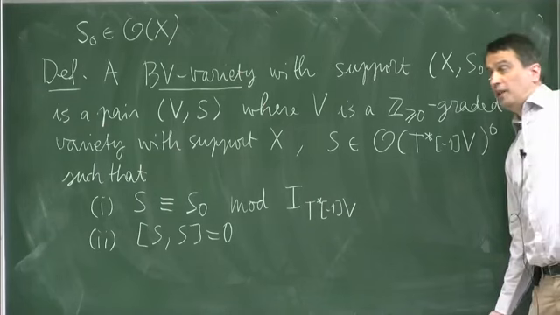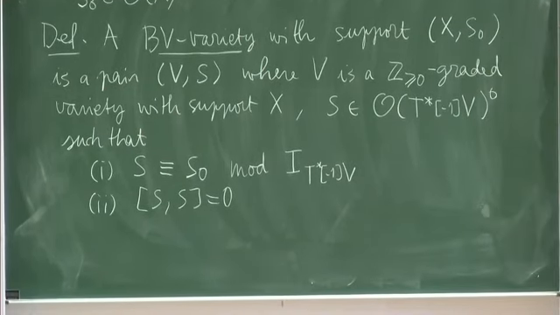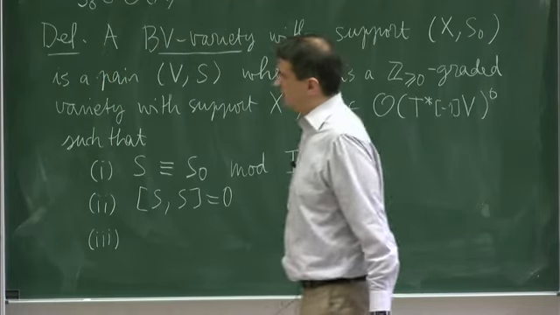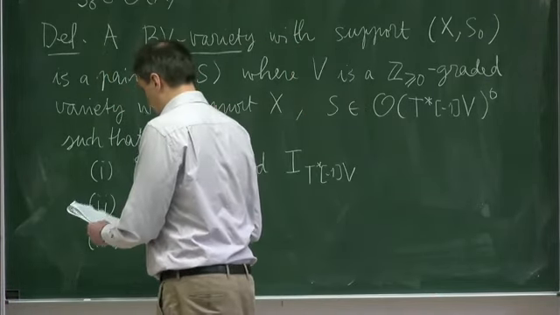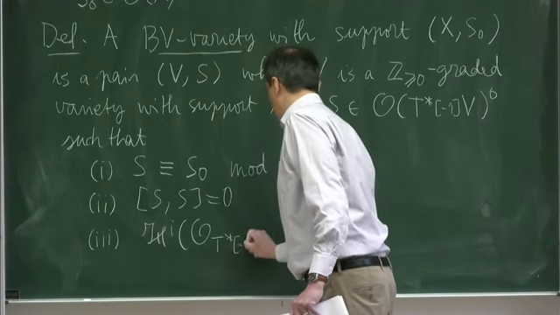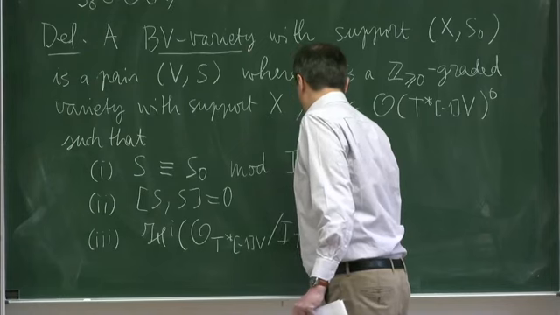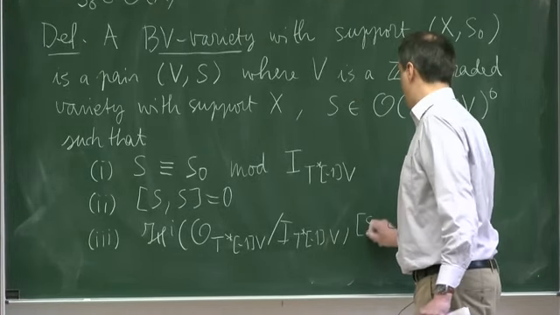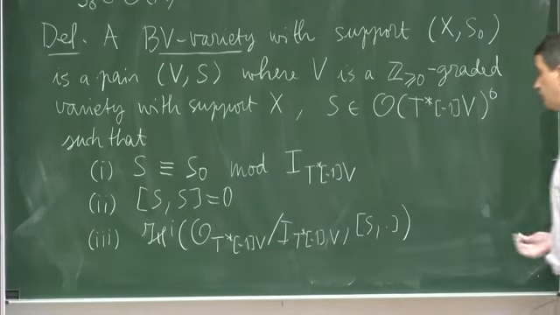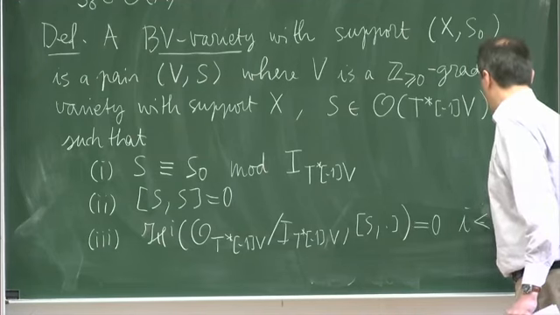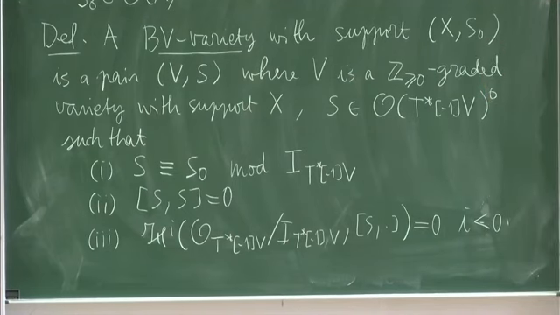And third is a condition which will make it unique up to suitable equivalence: that the underlying scheme is acyclic, namely the cohomology sheaf of O T star minus 1 V by this ideal is equal to 0 for all i different from 0, or smaller than 0, because anyway it is concentrated in negative degree. Okay, so these are the axioms.